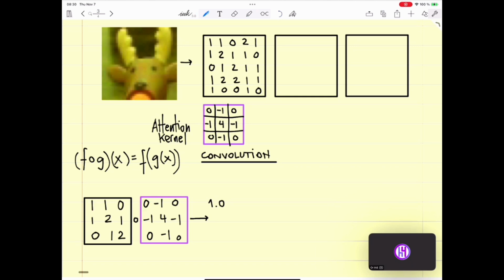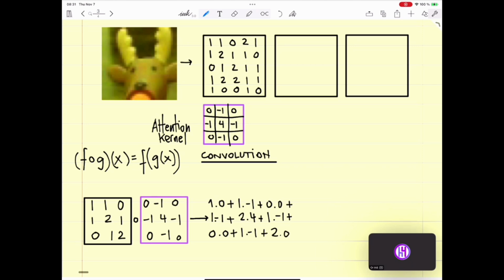plus 1 times minus 1, plus 0 times 0, plus 1 times minus 1, plus 2 times 4, plus 1 times minus 1, plus 0 times 0, plus 1 times minus 1, plus 2 times 0.